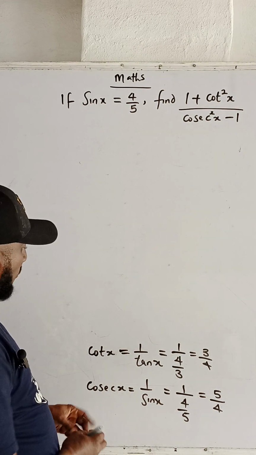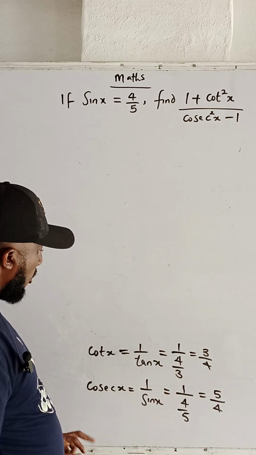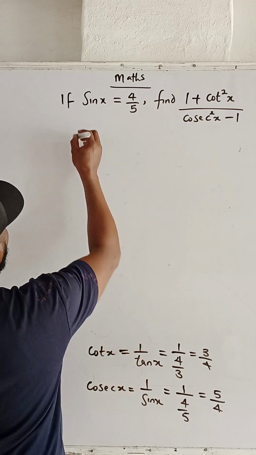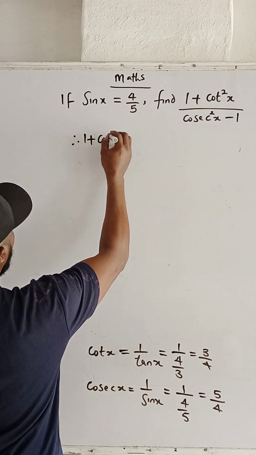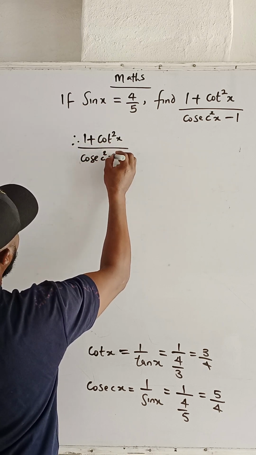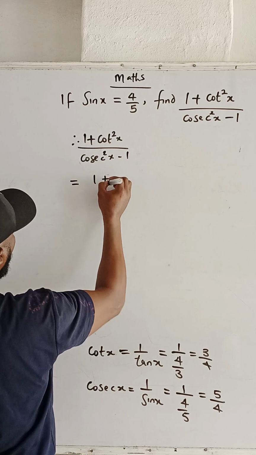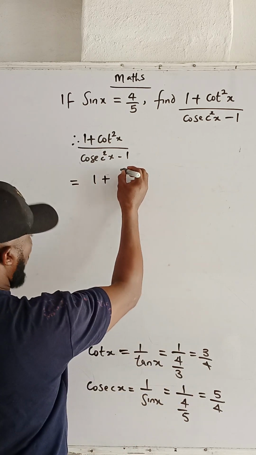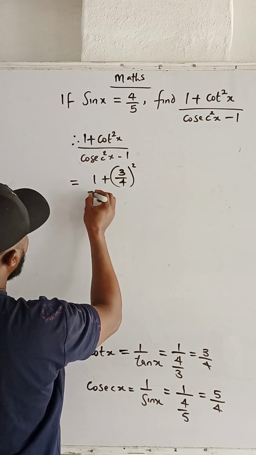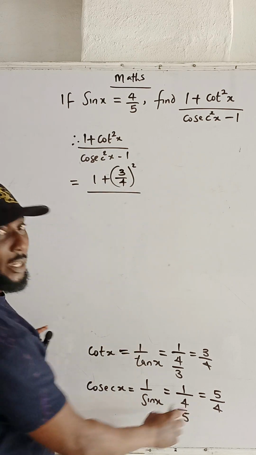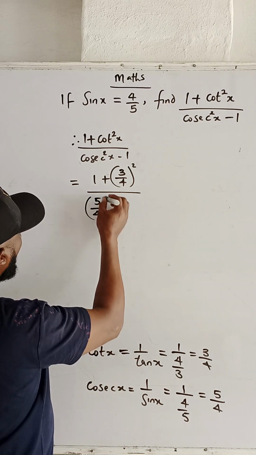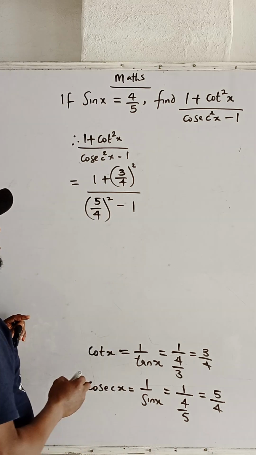Now that we know the value of cot x, which is 3 over 4, and the value of cosec x, which is 5 over 4, we can therefore evaluate 1 plus cot squared x over cosec square x minus 1 to be 1 plus 3 over 4 all squared, divided by 5 over 4 all squared minus 1.